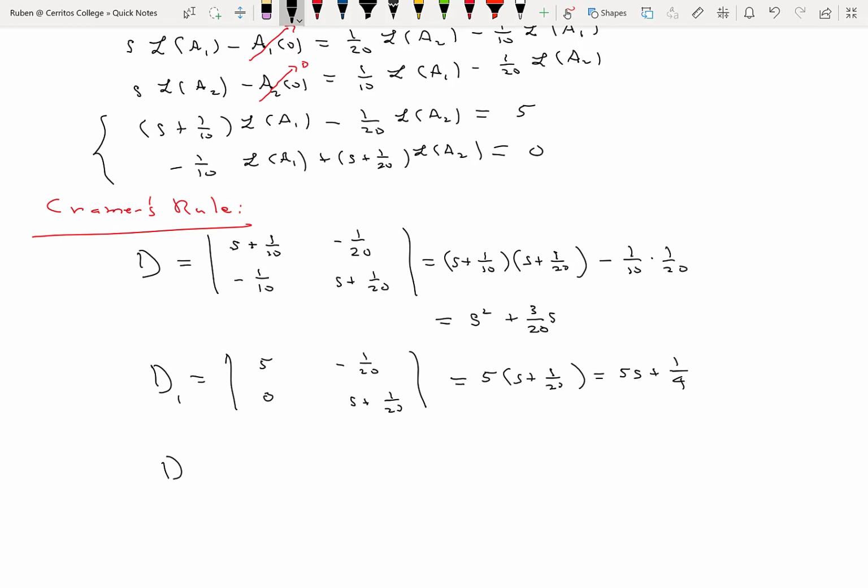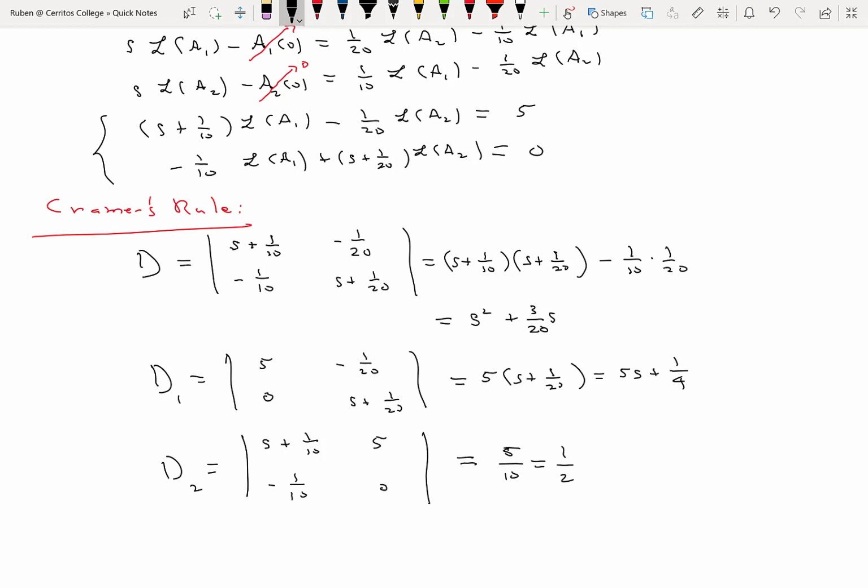Finally, D2 we get by leaving the first column in D alone and replacing the second column this time with the constants in the system. This one is an even simpler determinant. We're going to get minus 5 times negative 1/10, or 5/10, or 1/2.